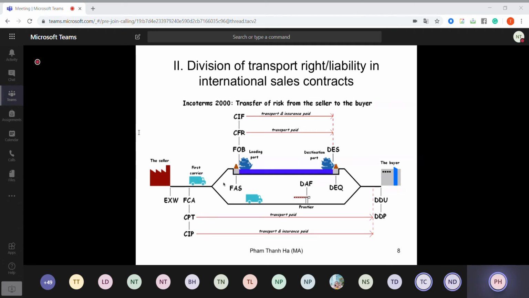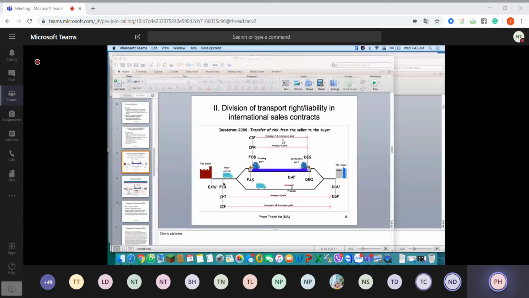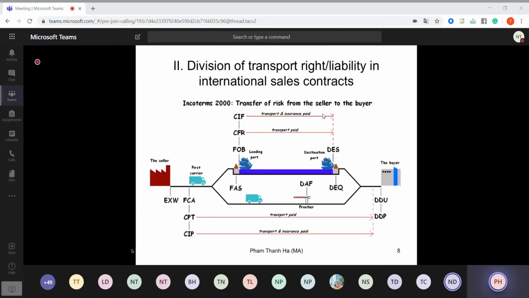For the CIF and CFR, I think all of you realize the common things between the two. The only difference between the two terms and conditions is the insurance, the obligation of buying insurance.